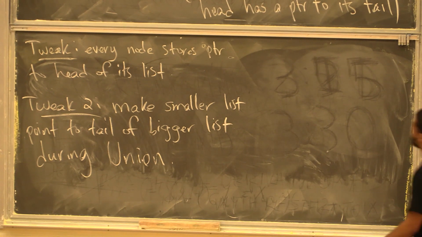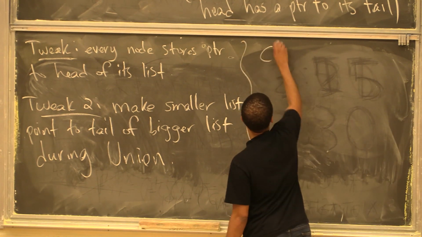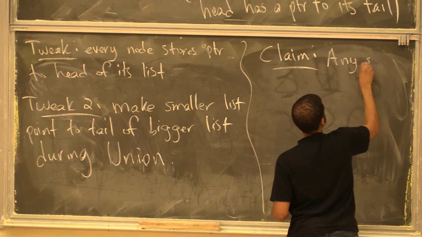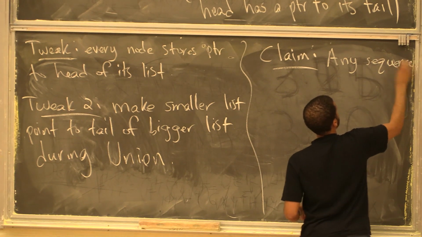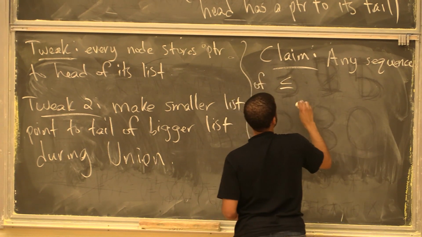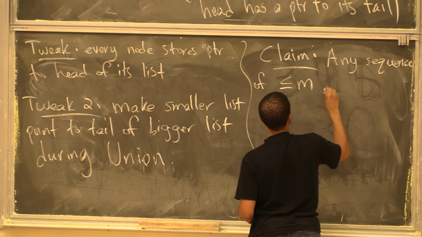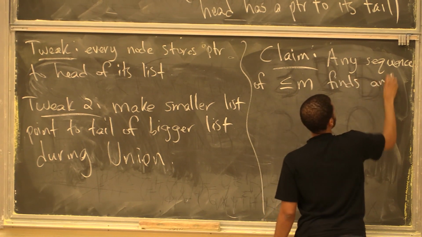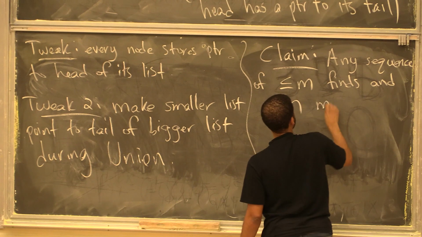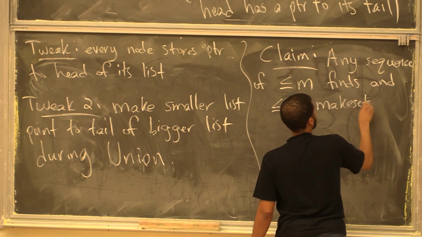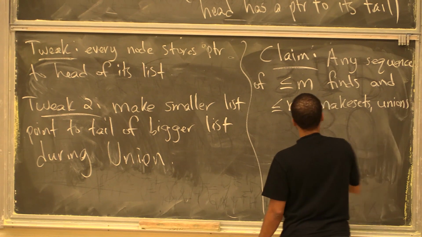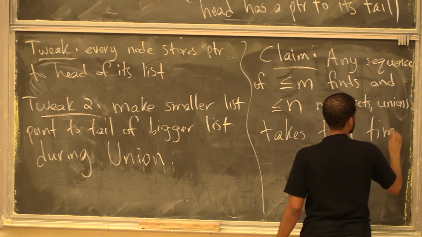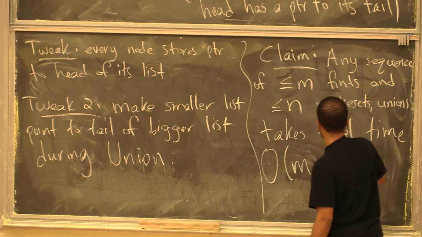Okay. And the claim is that any sequence of at most m finds and at most n make sets and unions takes total time O of m plus n log n.